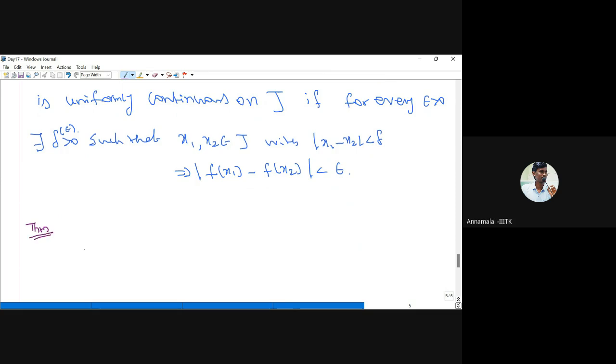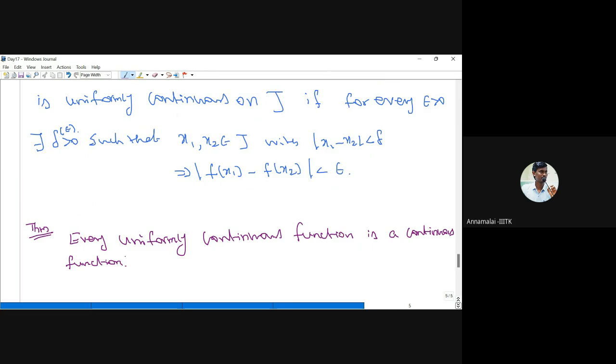So every uniformly continuous function is a continuous function. But the converse need not be true.